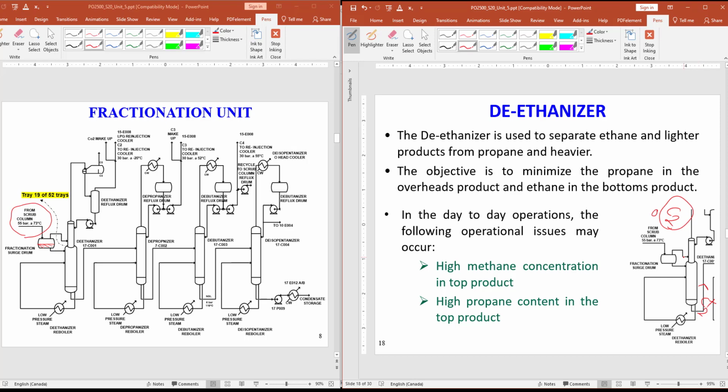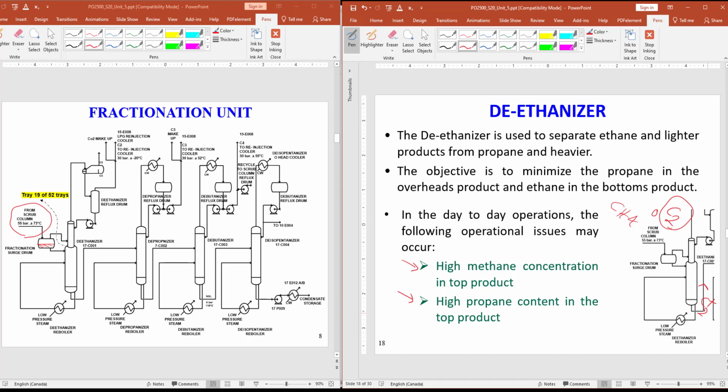In the day-to-day operation, we might have the following issues. We might have high methane concentration in the top. Not only ethane, we might have some lighter molecules like methane at the top, or we might have a high content of propane at the top. High content of propane means that instead of propane going to the bottom, it is coming to the top.